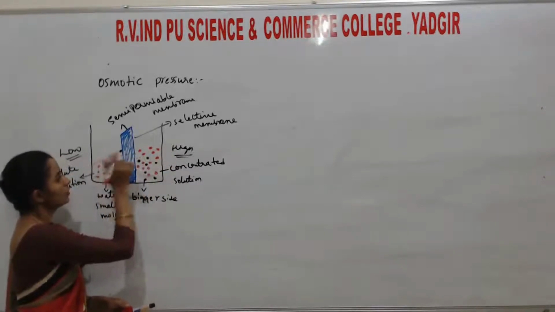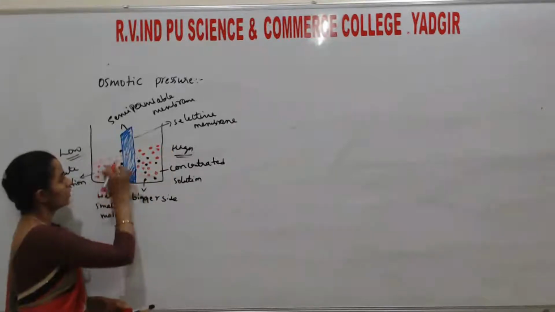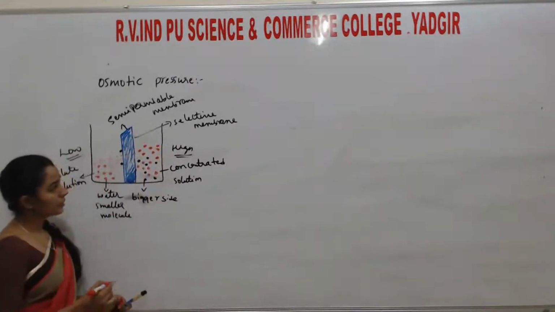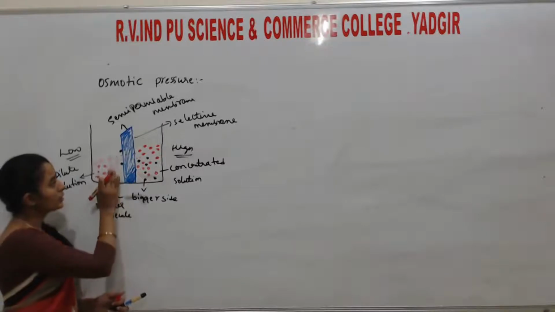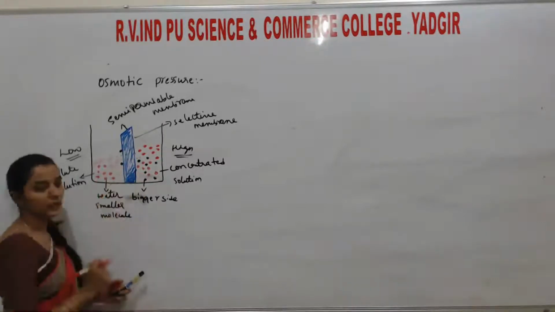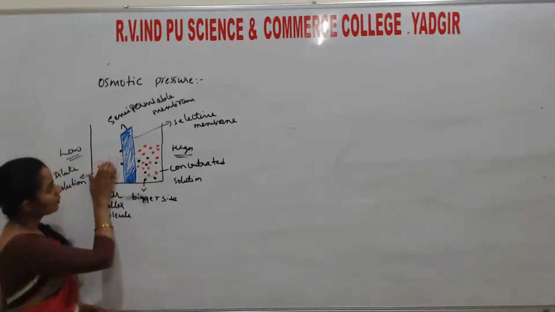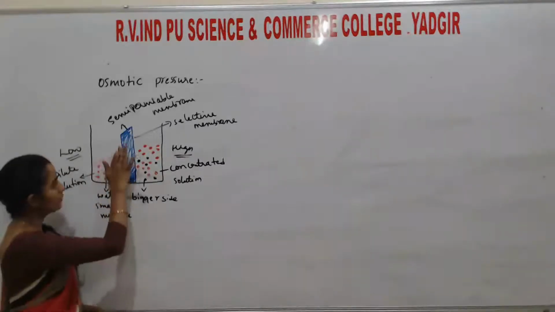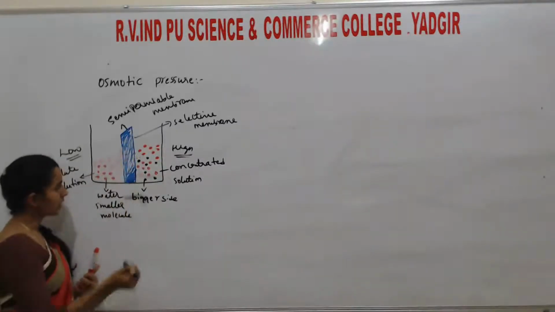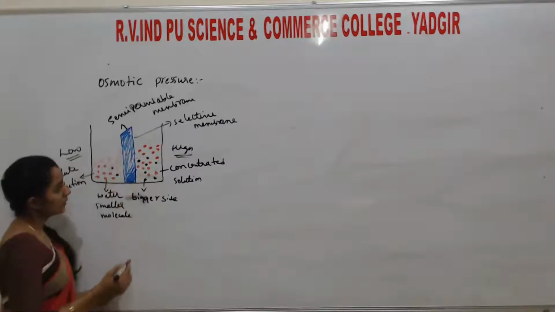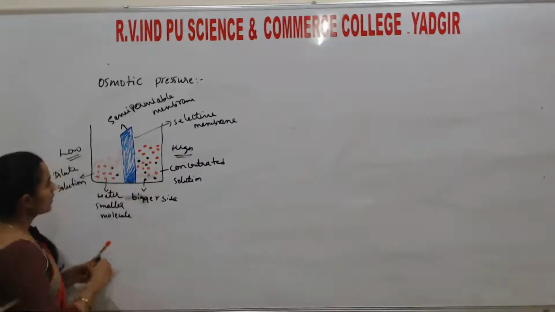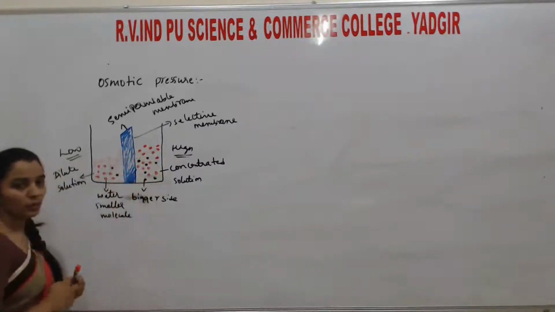I hope you understood. The solute or the solvent molecules go here until the concentration becomes equal on both sides, until the concentration attains dynamic equilibrium. Okay, so here the solvent molecule is there, here the solute particle is also there, here also solute particles are there, and the solvent particles move here.